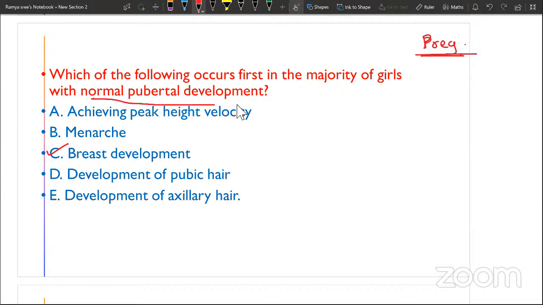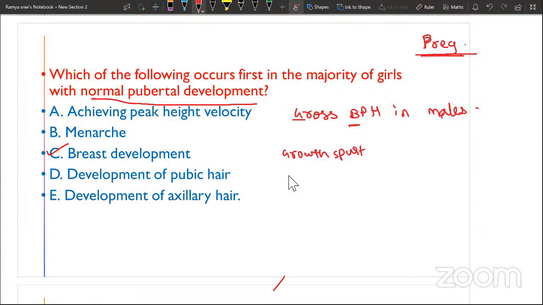In normal pubertal development, please remember the mnemonic of gross BPH in males. First is growth spurt, followed by breast development, that is thelarch, followed by pubarch, followed by height, followed by menstruation.